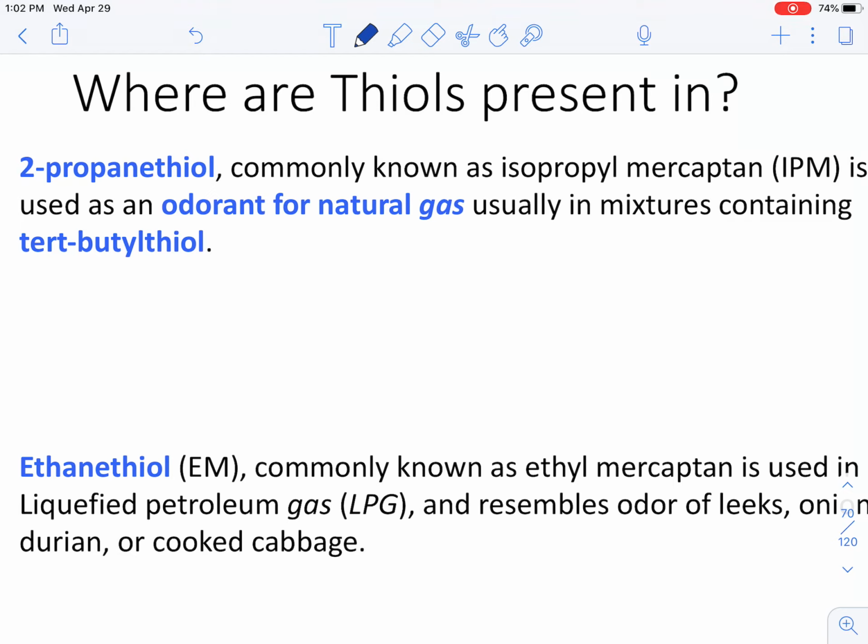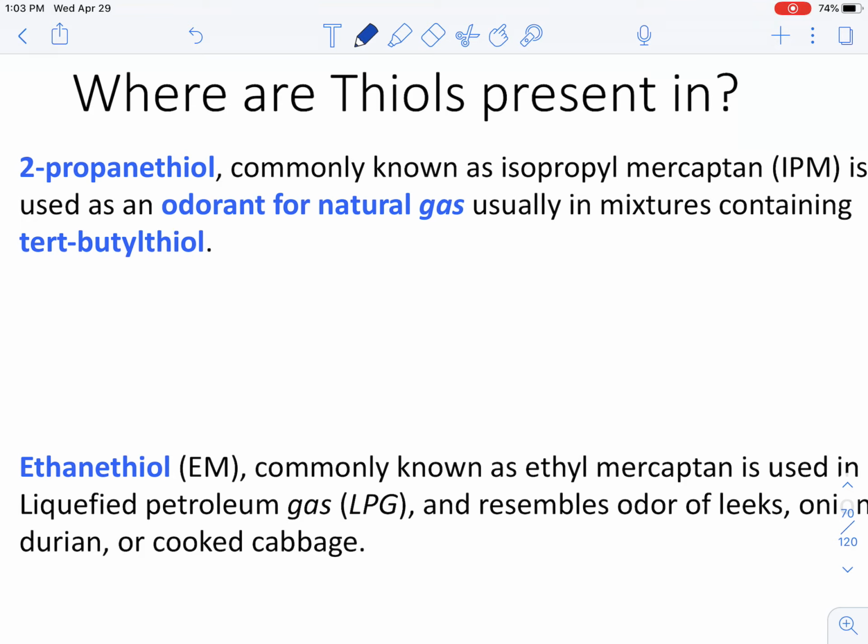If there is a leak in your propane tank, you wouldn't necessarily know. So what these organic chemists do is they modify that propane so that it would induce some type of smell that would signal to us as human beings that there could be a leak in that propane tank.